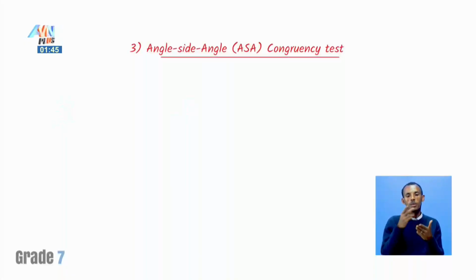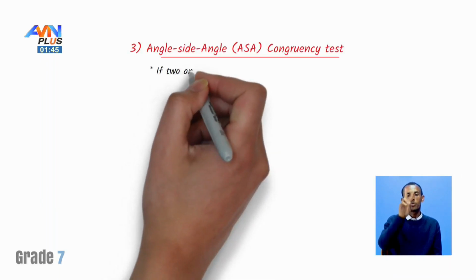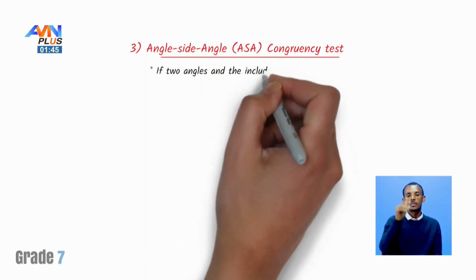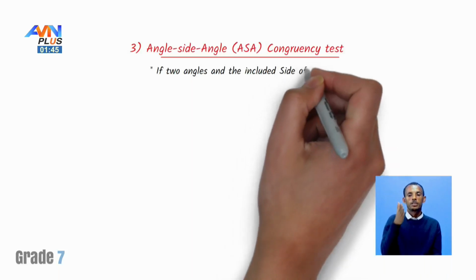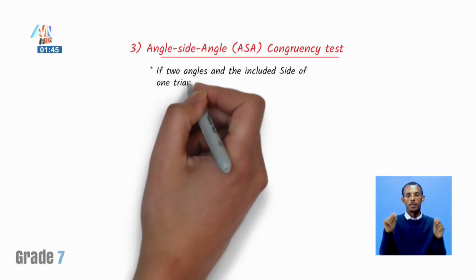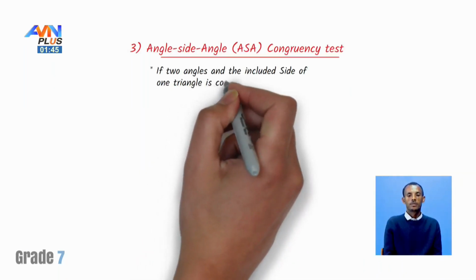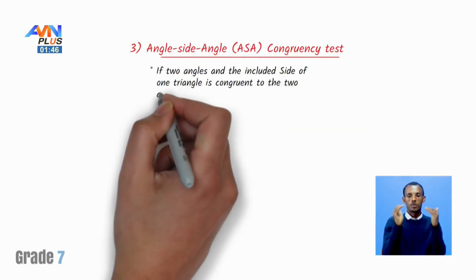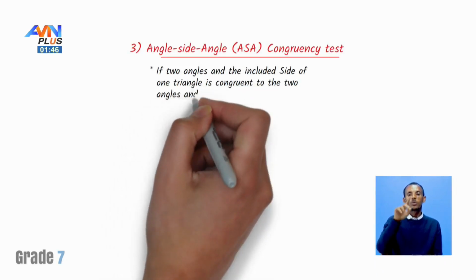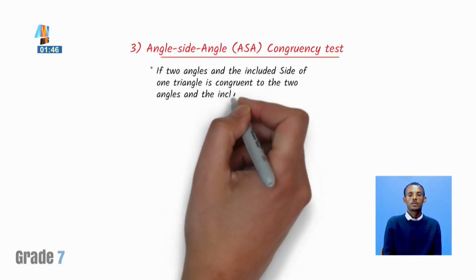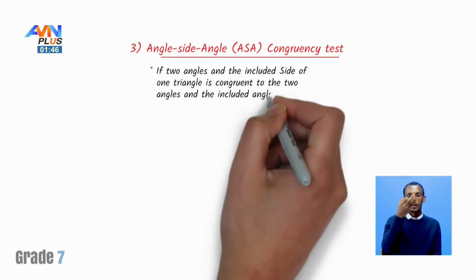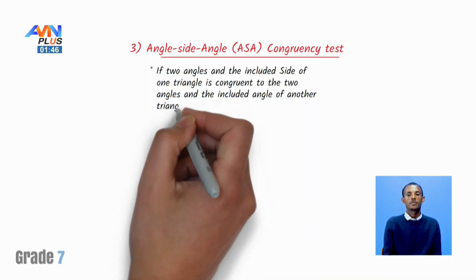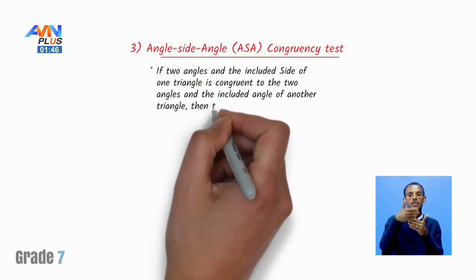Here it says, if two angles and the included side of one triangle are congruent to the two angles and the included side of another triangle, then the two triangles are congruent.